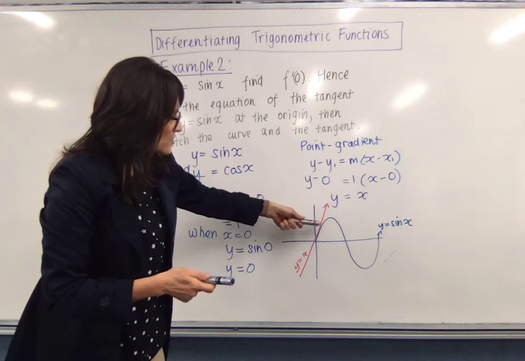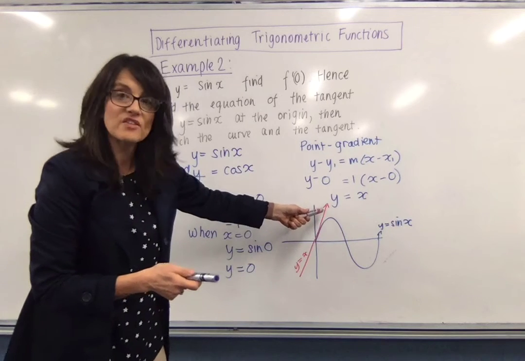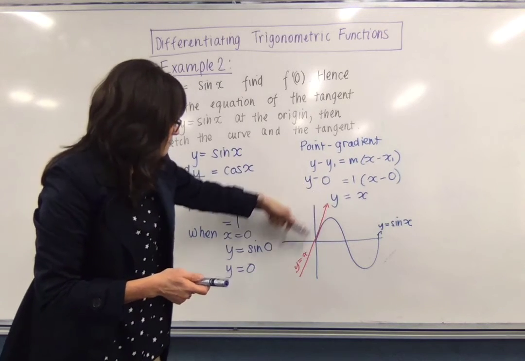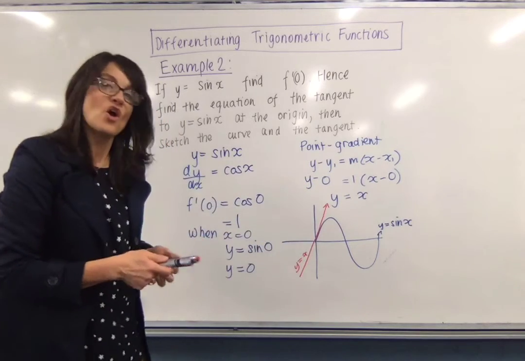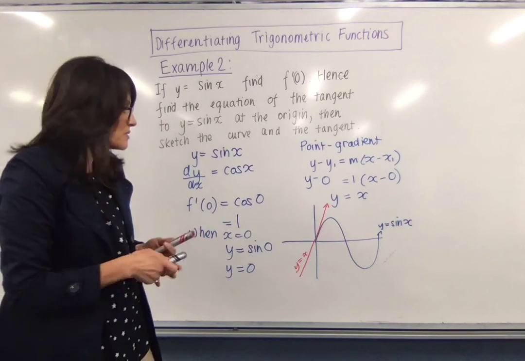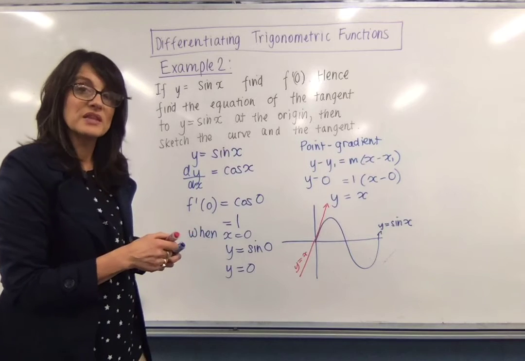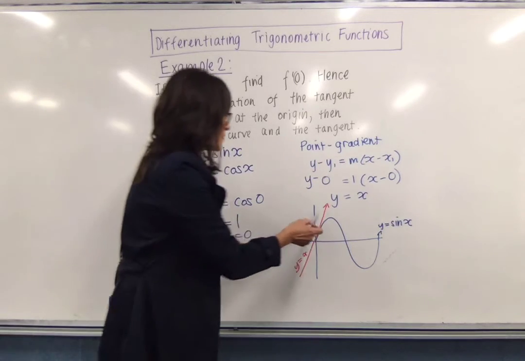When we look at the sketch of the curve and the sketch of the tangent, hopefully this looks familiar to us, because remember the work that we did with limits previously.